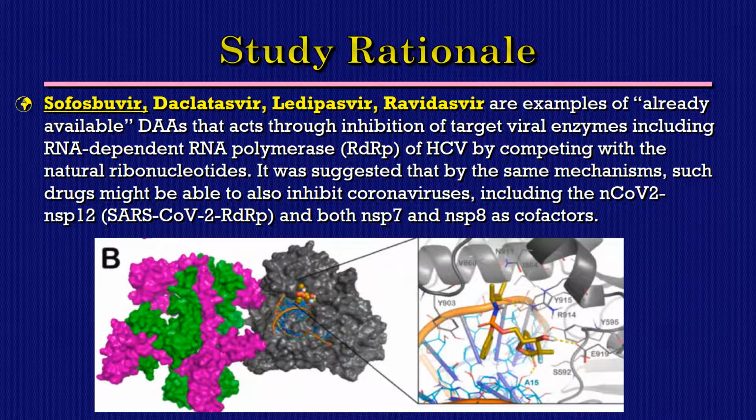It was suggested that by the same mechanism, such drugs might be able to also inhibit coronavirus, including the nCoV-2, the non-structural protein 12, which is the SARS-CoV-2 RNA-dependent RNA polymerase, and both the non-structural protein 7 and non-structural protein 8, which are cofactors.